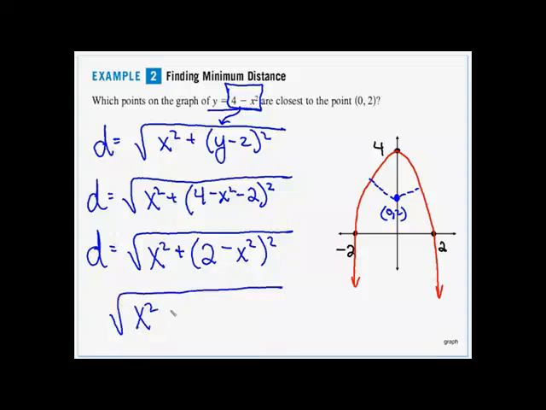So we have our x squared plus, and then our first term squared is 4, minus 4x squared, plus x to the 4th. Because this is a plus sign out front, we don't have to worry about distributing a negative, which means our parentheses can just be dropped.